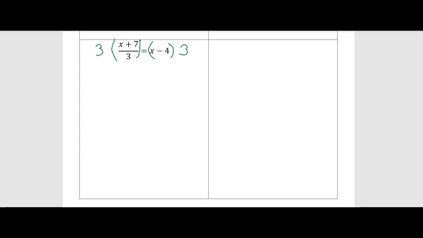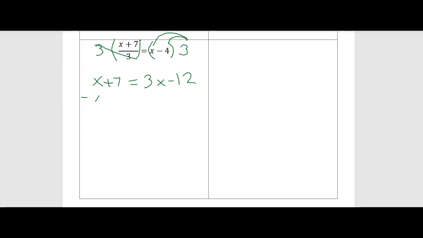It is very important that you put parentheses around your right-hand side because you are multiplying the entire side by 3, not just the first or the second term. Once that happens, I end up getting x plus 7. I need to distribute this 3. Is equal to 3x minus 12.